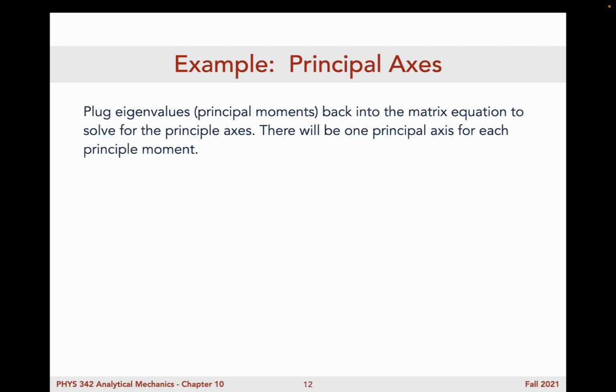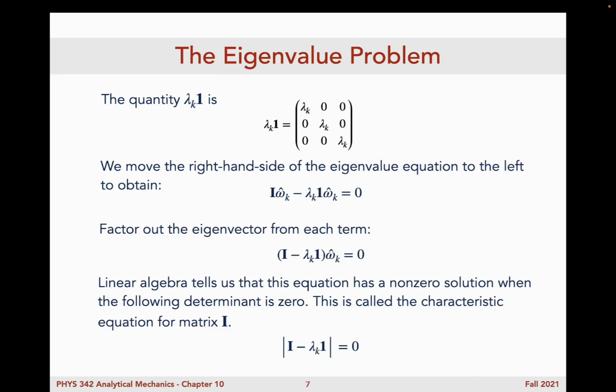So the way we do it is we plug in one at a time each eigenvalue, which are the principal moments, back into the matrix equation and then solve for the principal axes. So let's look at the eigenvalue of lambda equals 2/3. We're going to label this lambda 1. The principal moment will be 2/3 ma squared. So remember that here's the determinant that we solved. We said that in order for this equation to have solutions, this determinant must equal 0.